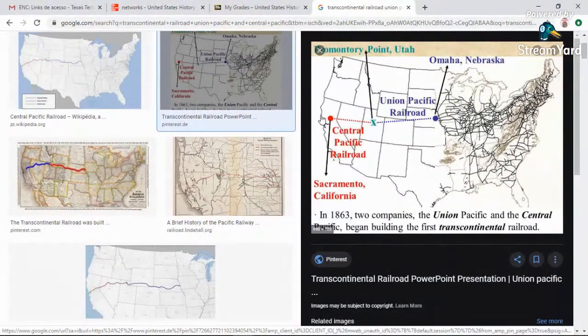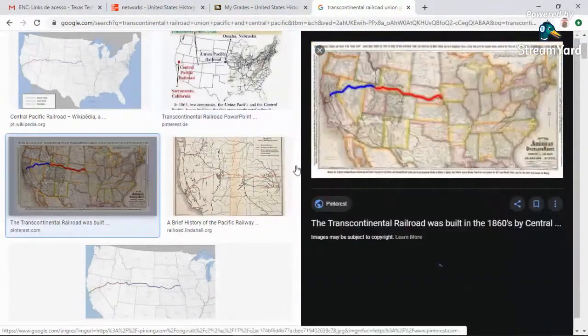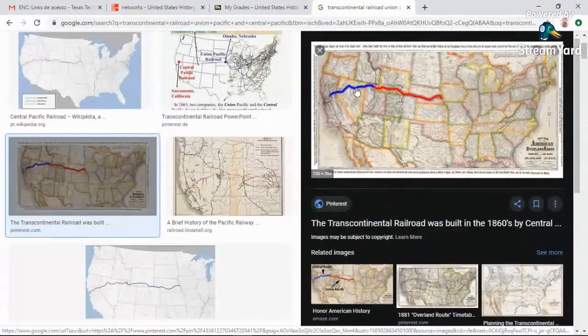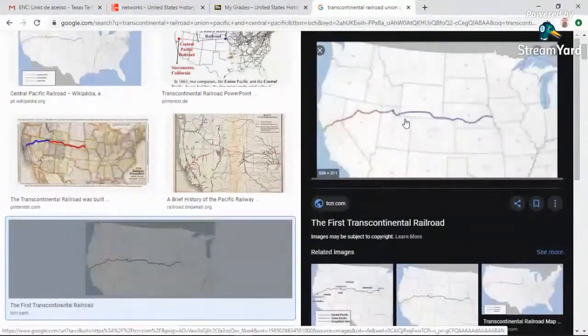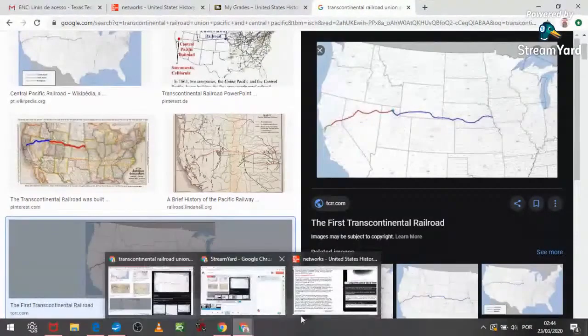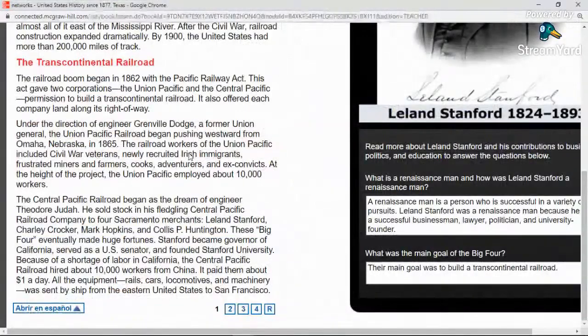Okay, and they began building the first transcontinental railroad which connects all the way to California. So that's very important. There's another map. Okay, these are two railway companies, but they connected, and it allowed for goods to come all the way across.